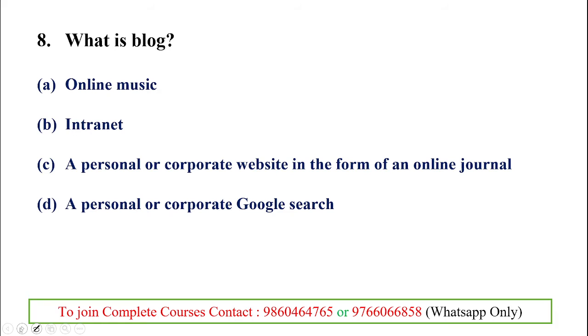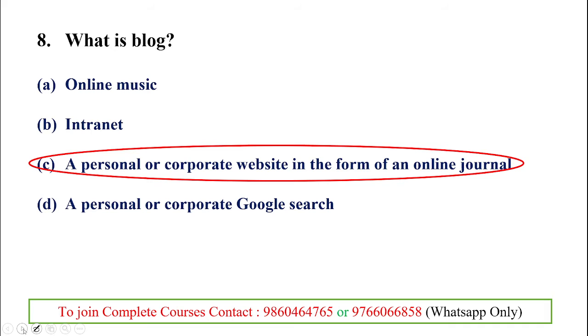In social media networking, one of the important connectivity tools is the blog. On Facebook, you can see various blogs created by people, used for a personal or corporate website in the form of an online journal. So that is the right one, online journal.